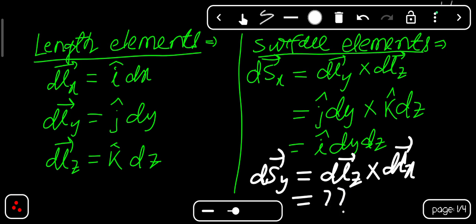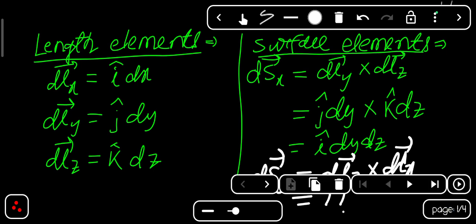This is your homework. In a similar way you also find out the surface element along the z direction. Now we have discussed length elements and surface elements. Now let's talk about the volume elements.